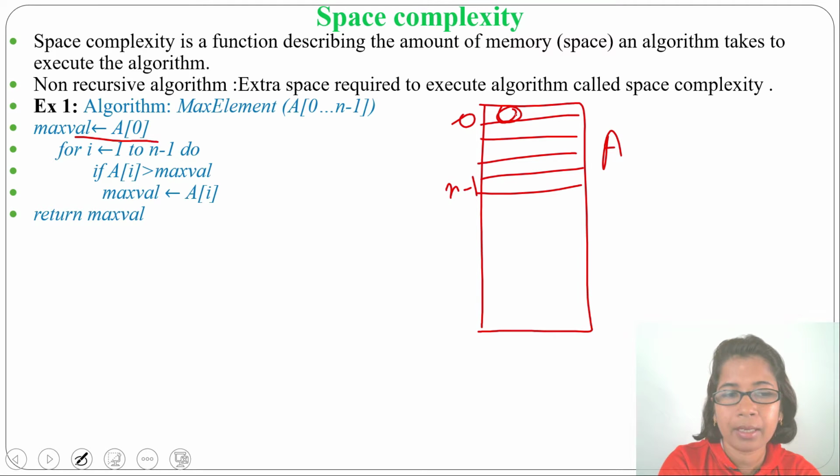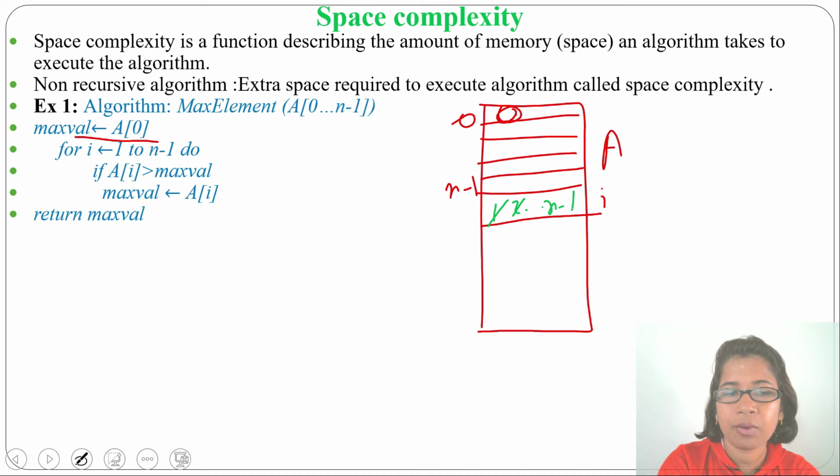Now for this statement max value will be A0, so max value will be this part, this is our A0. Then for I equals 1 to n minus 1, we'll create another memory for I. Let this is I. Initially I will be 1, next I value will be 2, next I value will be 3. Like this it will change up to n minus 1. So in that same space, I value will change from 1 to n minus 1.